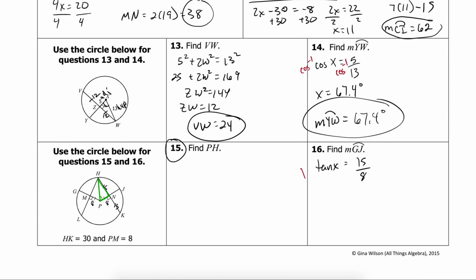And I'm going to take the arc tangent, or the inverse tangent, of both sides to give me, when I do that in my calculator, second tangent, 15 over 8, 61.9. So that means that HJ is 61.9, GH is also 61.9. When I add those together, the measure of GJ is 123.9.